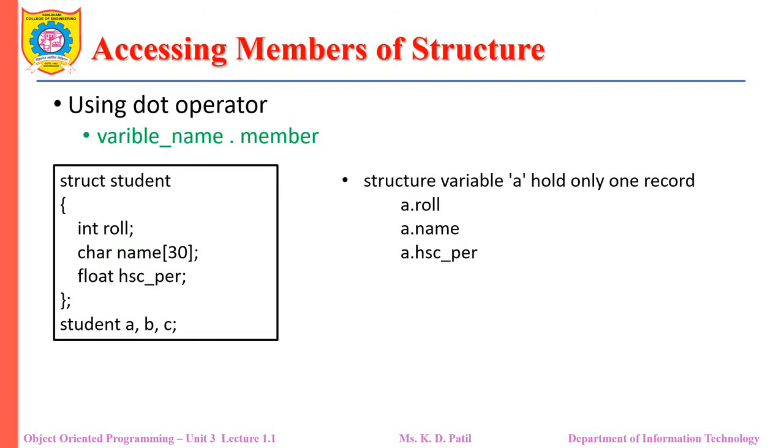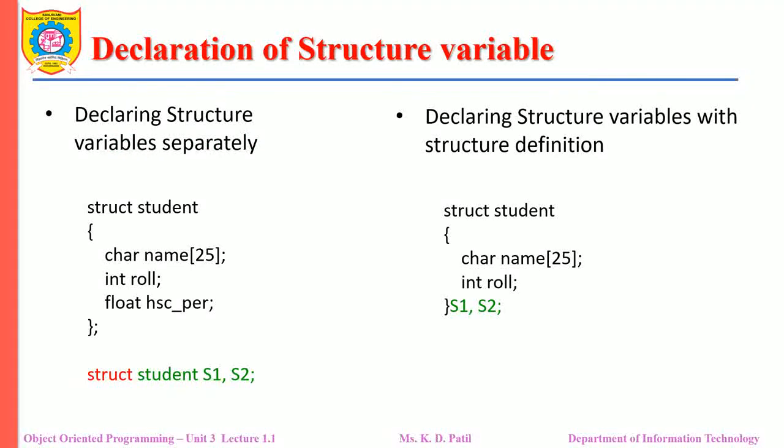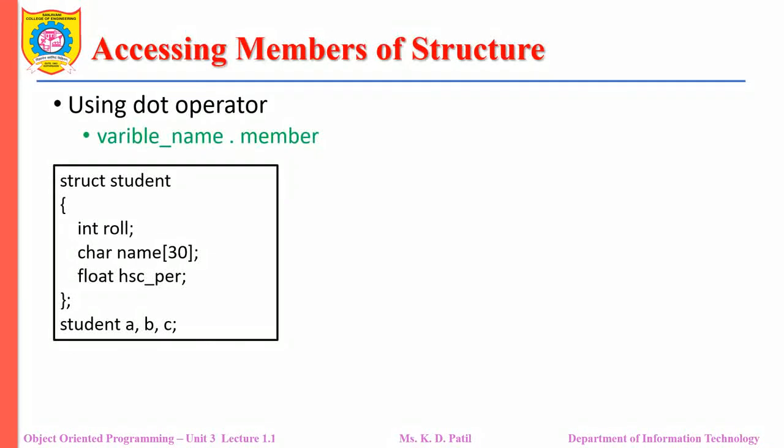But if you observe the previous example, struct student s1, s2, there I have used the struct keyword. If you do not use the struct keyword in C++, that is okay. But if you do not use it in C, then your program will give you an error for that declaration. Okay, so that is one of the differences between structures in C and structures in C++.